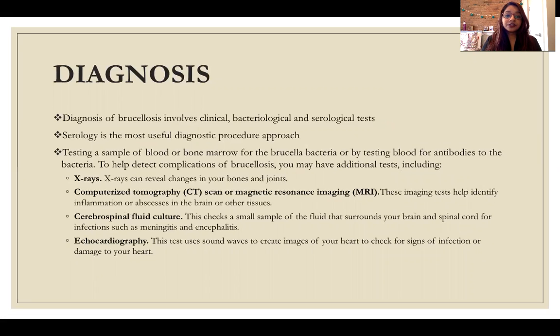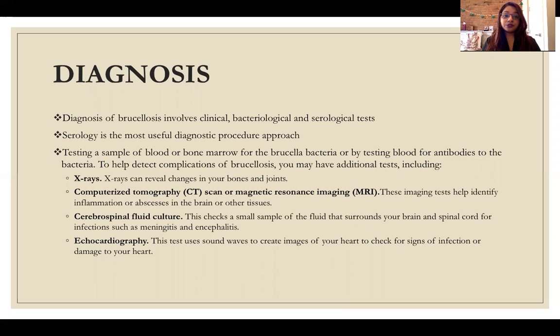Diagnosis. Diagnosis of brucellosis involves clinical, bacteriological, and serological tests. Apart from determining the clinical presentation of a patient who might have been infected by Brucella, you also want to do bacteriological and serological tests.